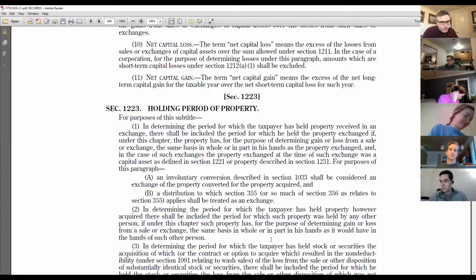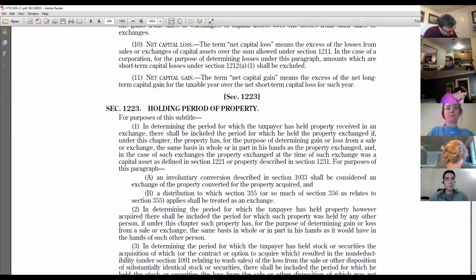But where gain or loss is not recognized, the code provides for tacked holding periods. And so 1223(1) says, in determining the period for which the taxpayer has held property received in an exchange, so in this case, if we're the contributor, we've received a partnership interest in exchange for other property, there shall be included the period for which he held the property exchanged.